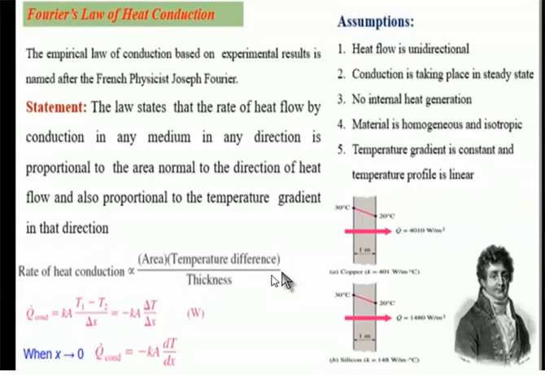So here, see, in the copper, K is the thermal conductivity. Thirty degrees Celsius is here, twenty degrees Celsius is there, and the heat is transferred from this 30 degrees to the 20 degrees Celsius, and the thickness of this is 1 meter, that is delta X here, and Q is equal to 4010.